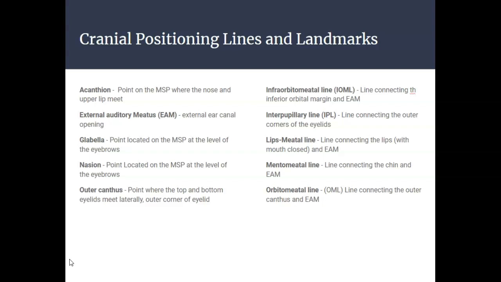Mentomeatal line, which is the line connecting the chin to the EAM, and the orbitomeatal line, which is the line connecting that outer canthus, that outer corner of the eyelid, to the EAM. This line is approximately 7 to 8 degrees superior to the infraorbital meatal line.